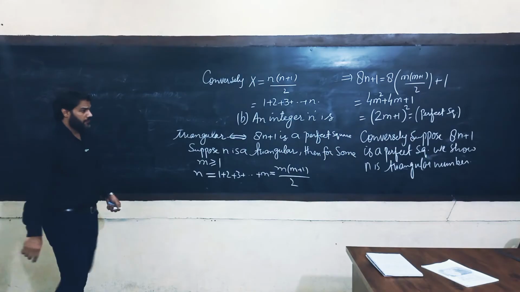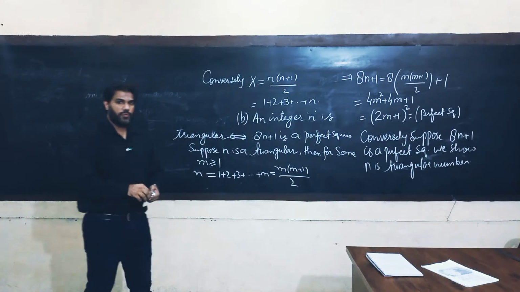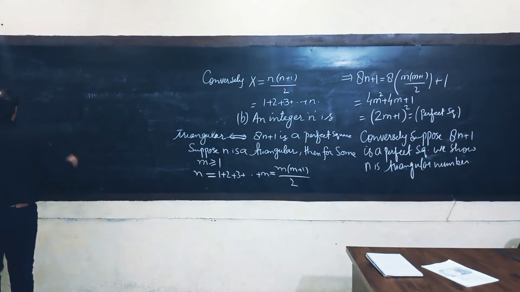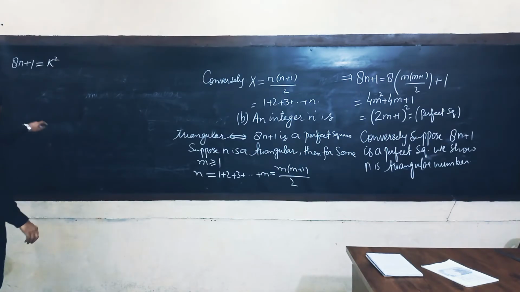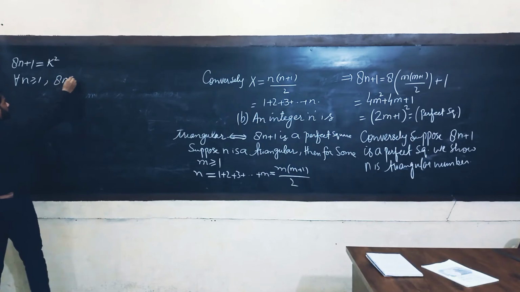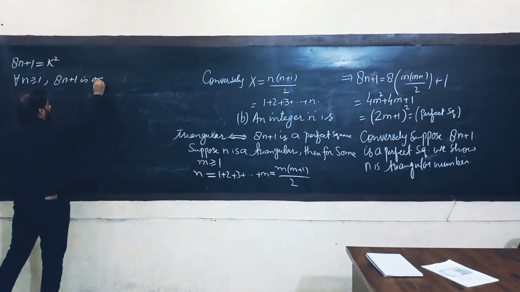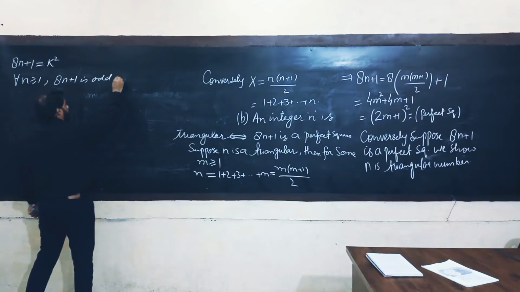If 8n plus 1 is a perfect square, we can write it as 8n plus 1 is equal to square of some integer k. For all n greater than or equal to 1, the number 8n plus 1 is an odd integer.